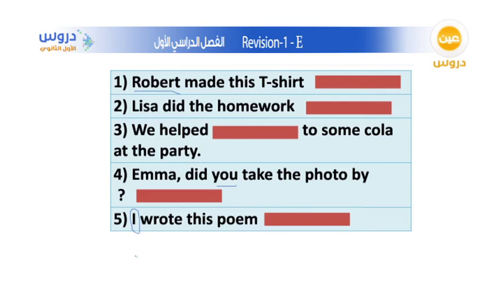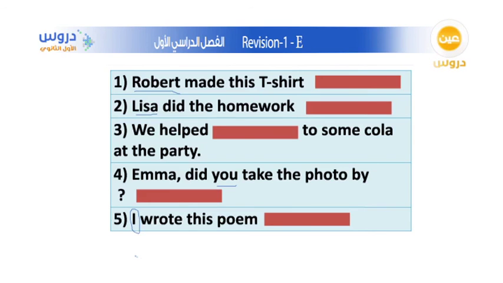And Robert, Mr. Ahmed, is the name of a male. Yes, Robert means he. Perfect. Excellent. What about number two? Sentence number two. Lisa, the same. Lisa is the name of a girl or a female in general. She. Perfect. Excellent.